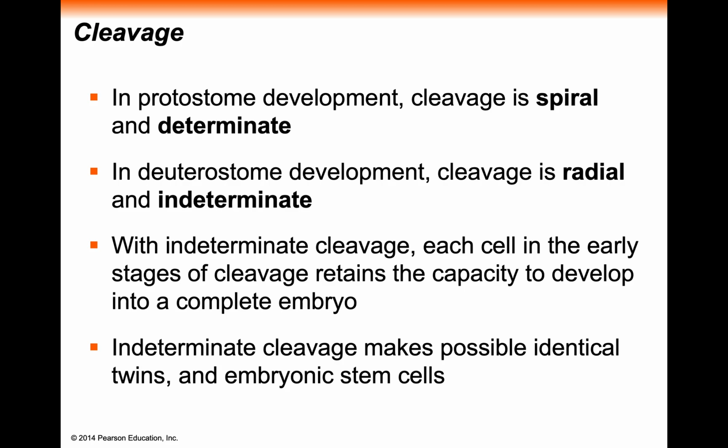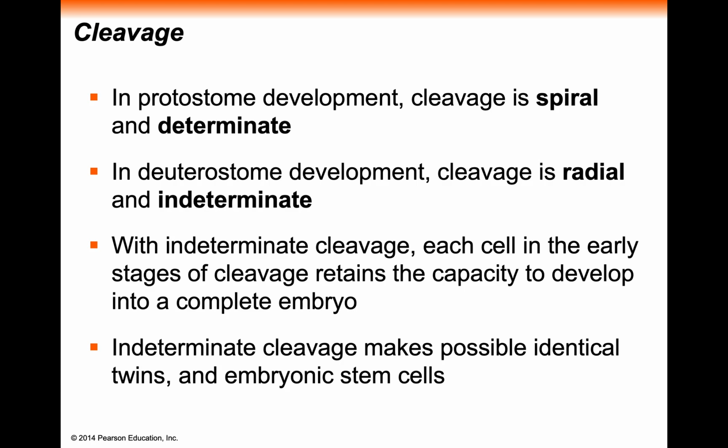So in protostome development, cleavage is spiral and determinate. In other words, when you have that morula, you have that 8-stage cell, you can tell either they're lined up or they're not lined up. If they're not lined up, then we call that spiral, and then that's called determinate. In other words, those cells have determined basically some of their fate along the future.